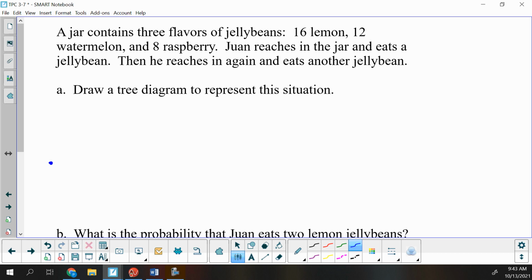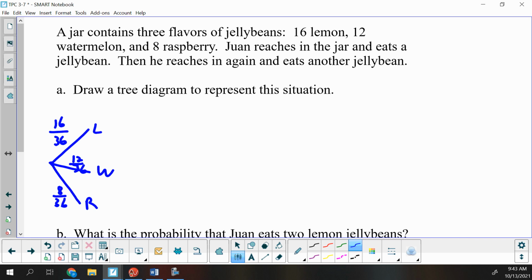So let's start with a tree diagram, and we have 3 flavors of jelly bean: lemon, watermelon, and raspberry. Let's abbreviate those with L, W, and R. Our probability of a lemon is 16 out of 36, if we added those all up. Probability of a watermelon would be 12 out of 36, and the probability of a raspberry is 8 out of 36.